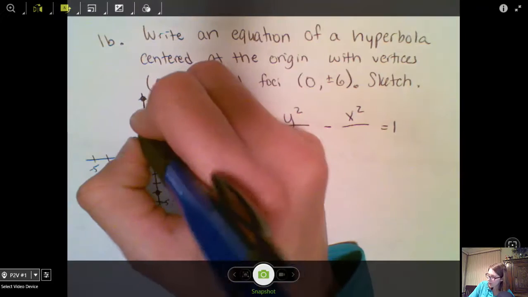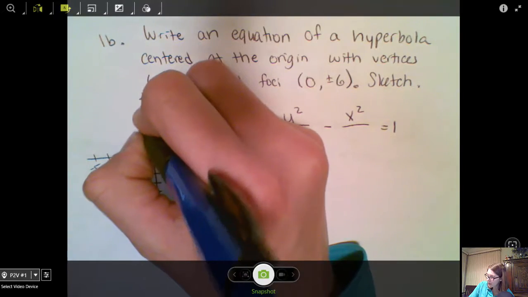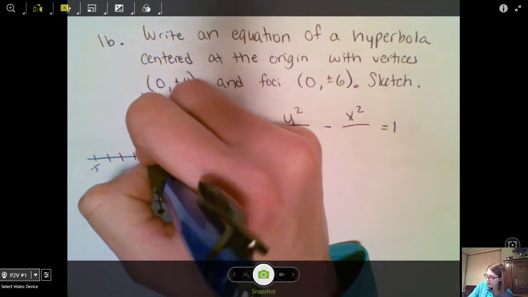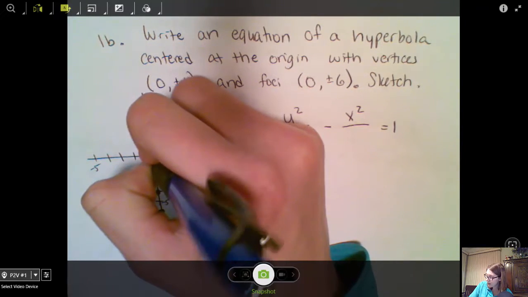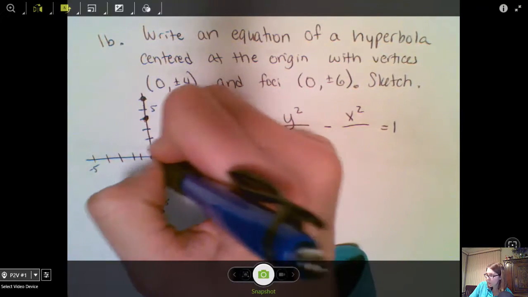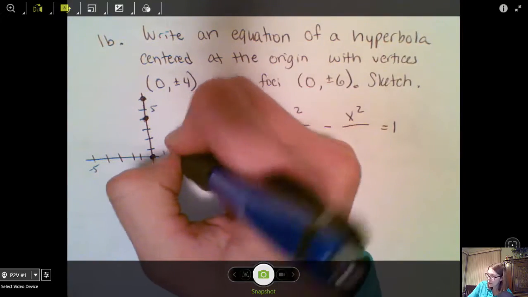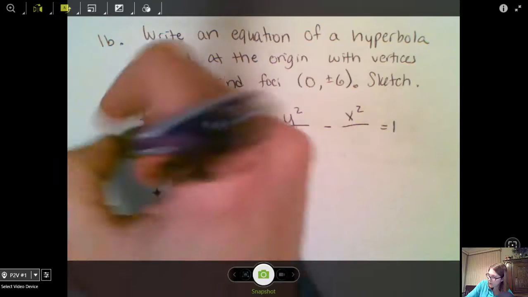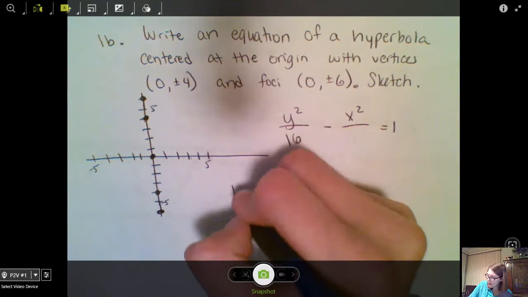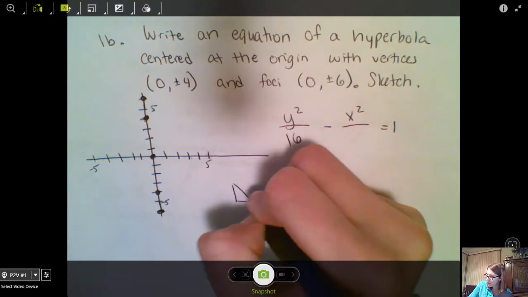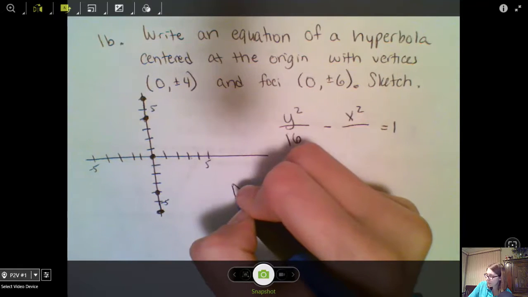So remember that my vertex, my origin, and whatever our point is along the way are going to form a right triangle. I'm going to pull this right triangle out to the side, just so it doesn't interfere a whole lot with my diagram.